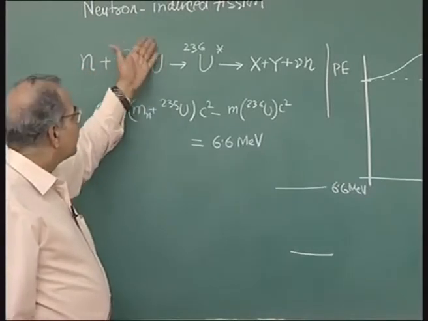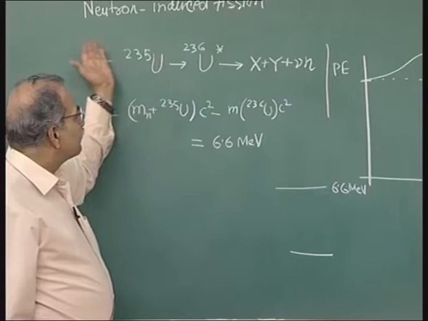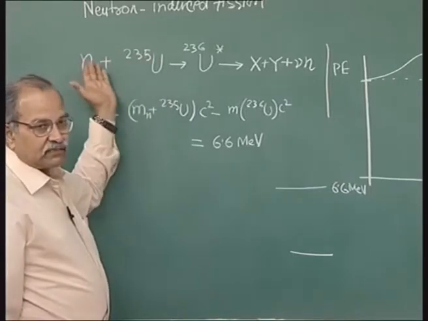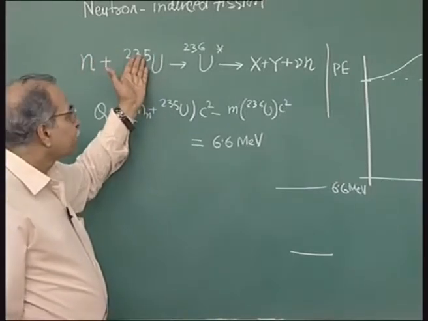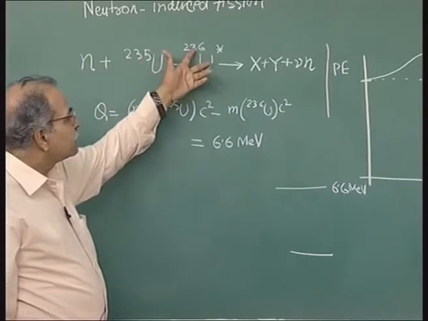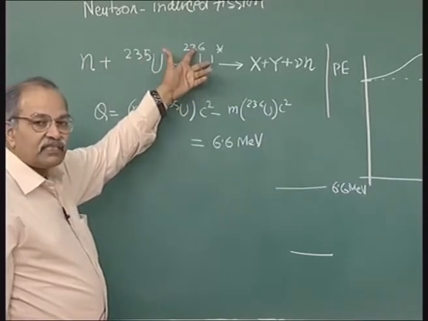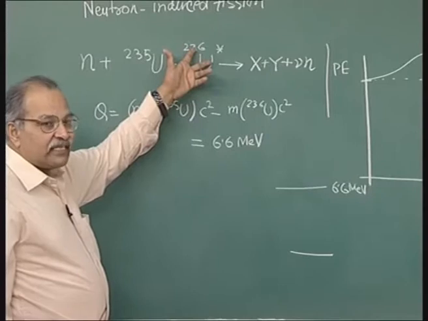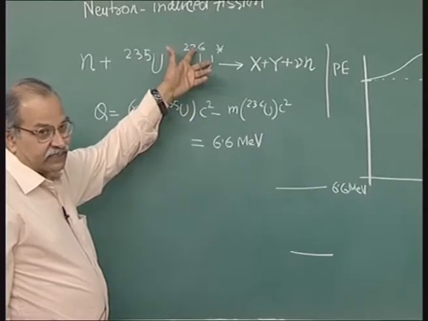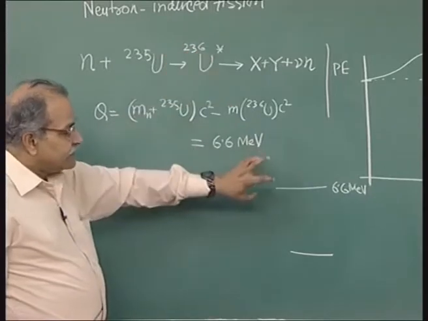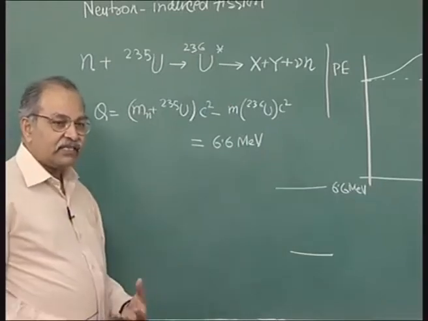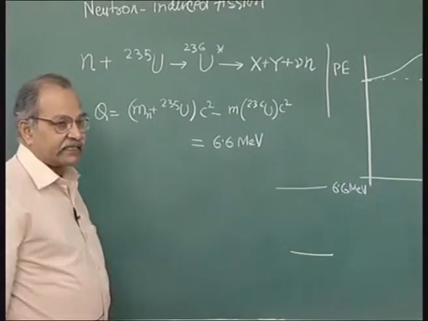So, the total linear momentum here is 0 or almost 0, and therefore the product will also have linear momentum 0, and linear momentum 0 means kinetic energy 0. So, all this energy goes into internal excitation and it is created in excited state.